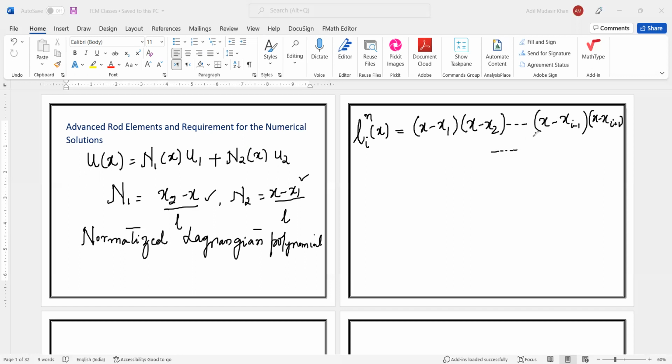Oh, sorry, the last term is (x minus xn), and we know from the numerical techniques this is what we call the Lagrangian polynomial, and this is in fact how we properly define this Lagrangian polynomial.